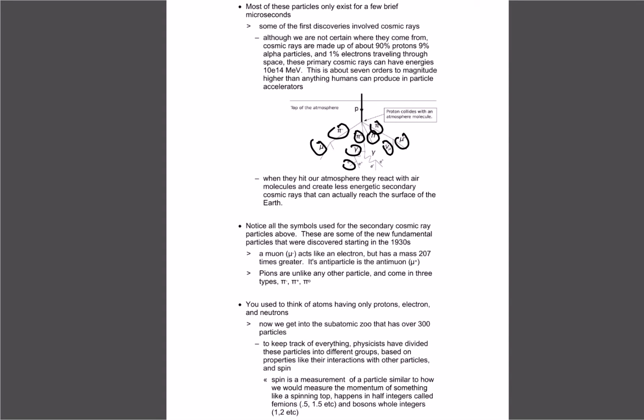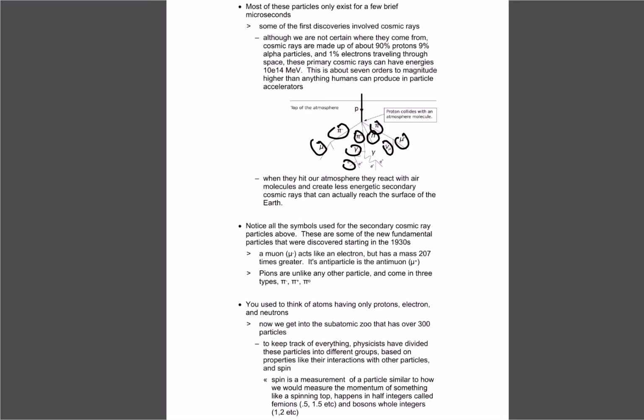So we start getting these weird particles that exist only in extreme high energy collisions. Eventually they break down into more normal particles like electrons, protons and antineutrinos. All of these symbols are now being identified as new fundamental particles.